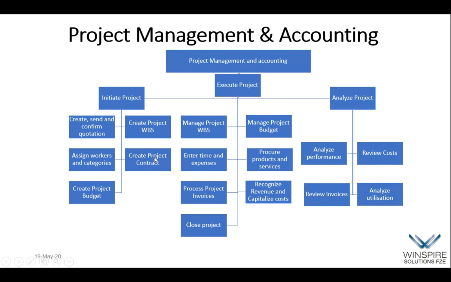A project contract is a document where you put the milestone and billing rules, based on which you can do monthly billing, quarterly billing, or milestone billing. The project budget is created at this point. Then when you are executing the project, we enter all the expenses and book the revenue into the project, and then we do the analysis of the performance. These are the three major verticals of project management accounting, which we will see soon.